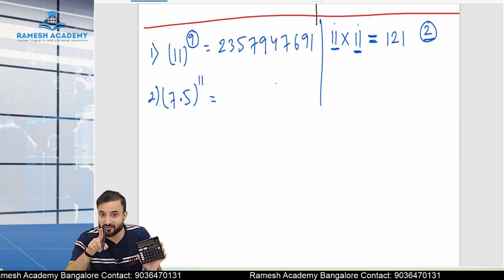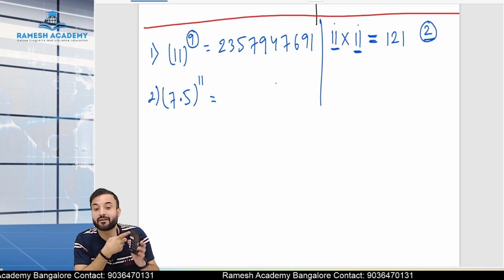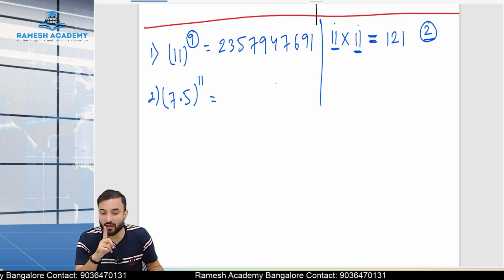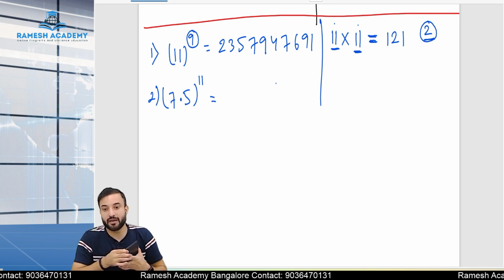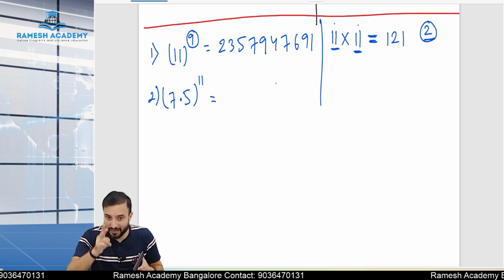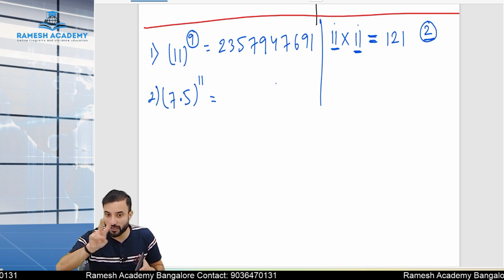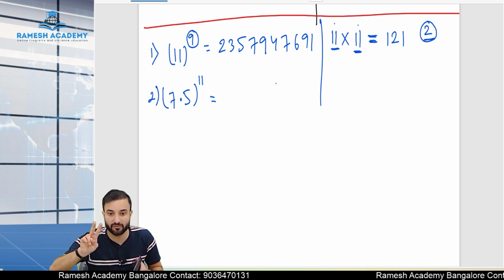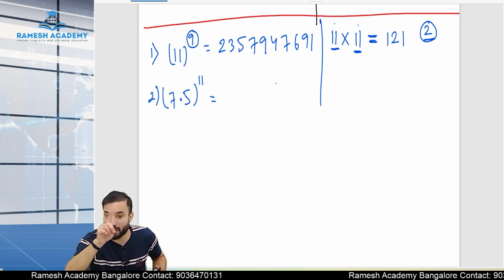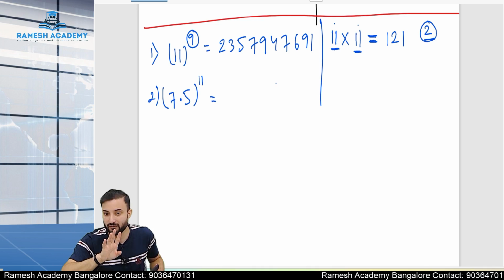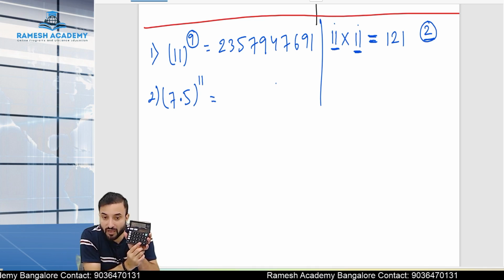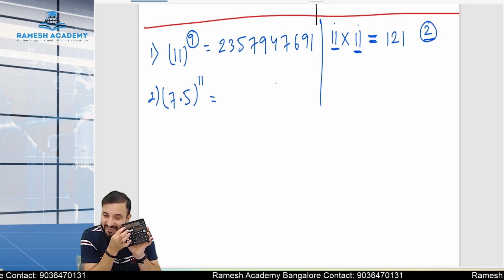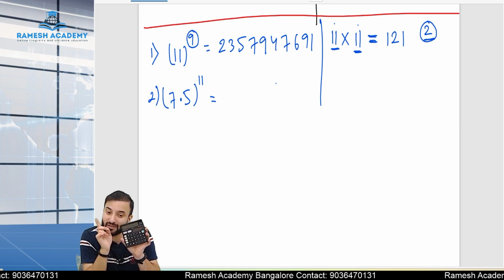But see, the steps are 10. Every time 11 into 11 happens 2 times, then the power is 9, meaning one more step, 10. So we have to press the equal button until the steps come to 10.